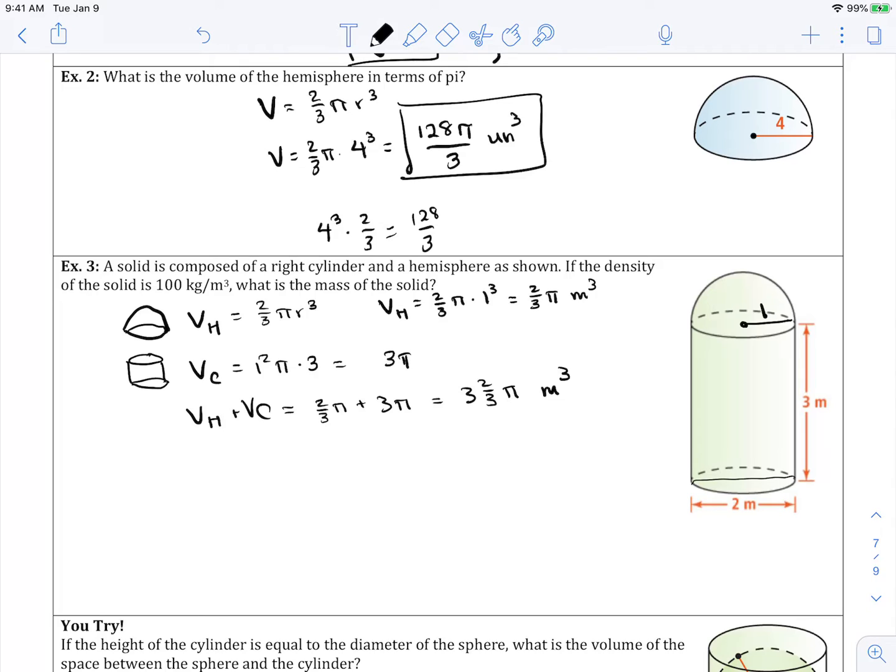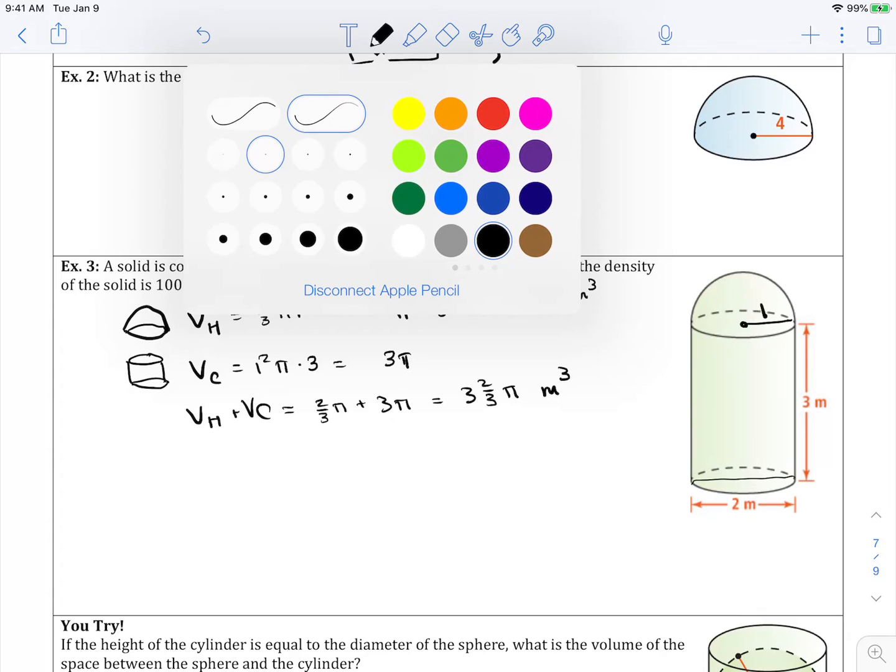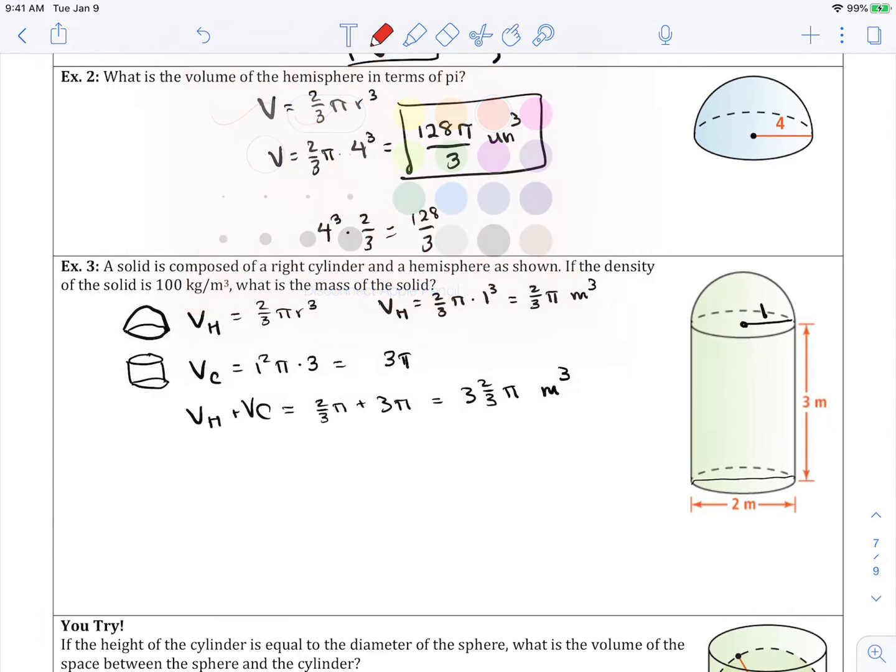Now it says, if the density of the solid is 100 kilograms per meter cubed, what is the mass? So density equals mass divided by volume. So we don't know the mass, right? That's what we're looking for, but we know that the density is 100.